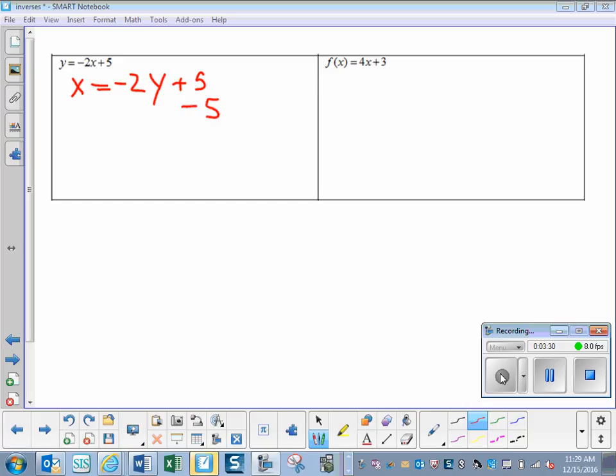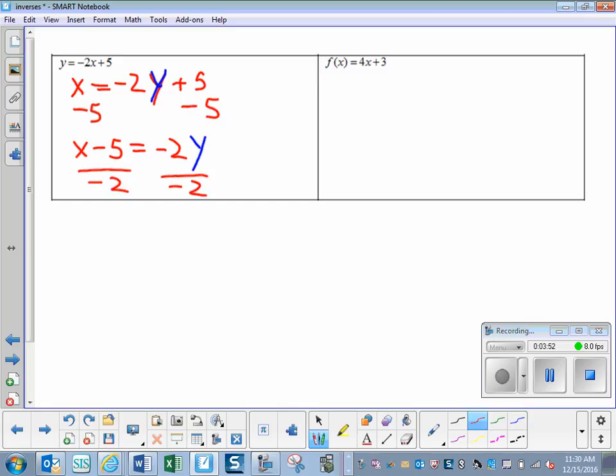So I'm going to do the same steps. Minus 5 on both sides, giving me x minus 5 equals negative 2y. Now to solve for y, I need to divide by negative 2 on both sides.